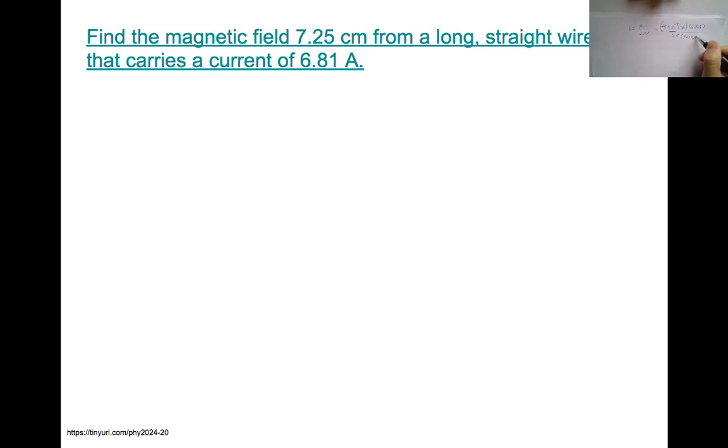It's in centimeters, so you convert it into meters. At the end, as I calculated earlier, this is going to be 1.88 Tesla. So that's the strength of the magnetic field.